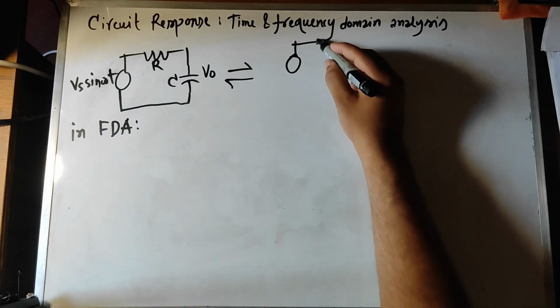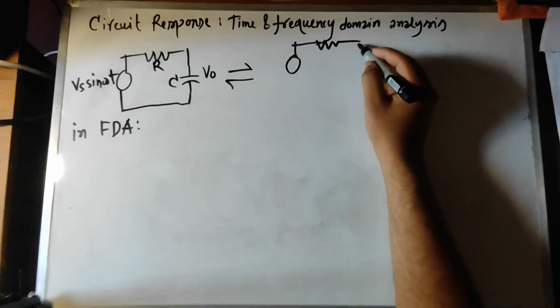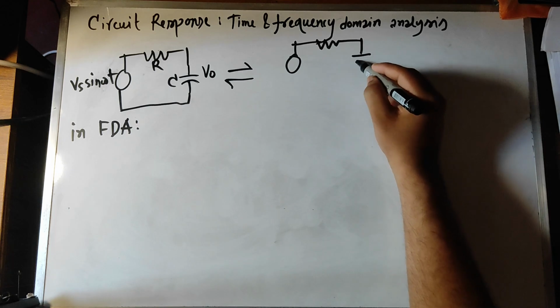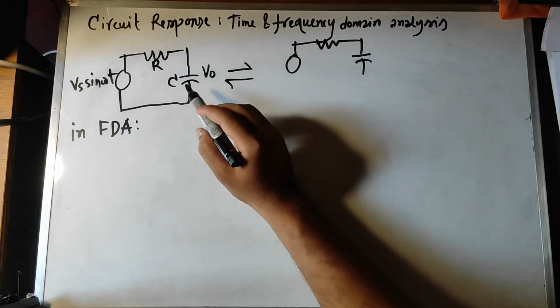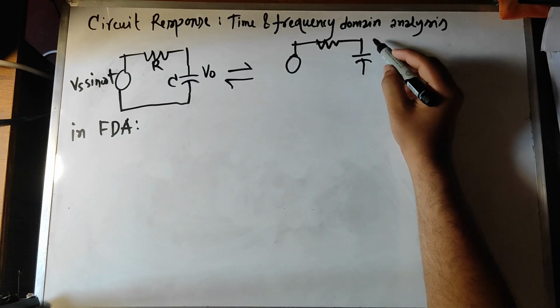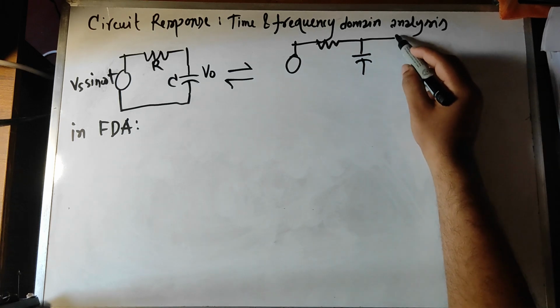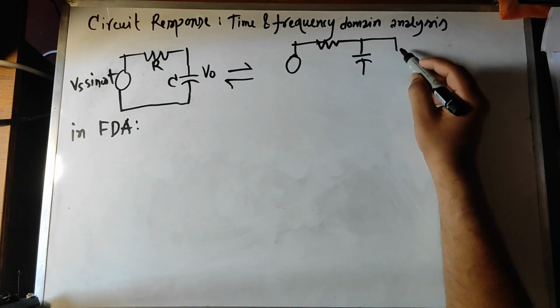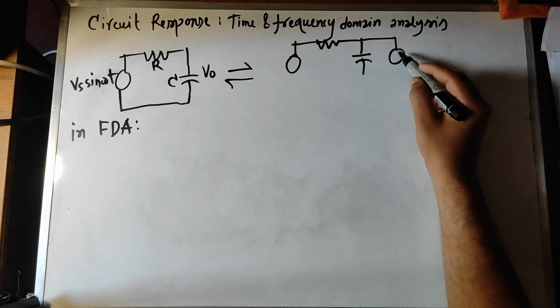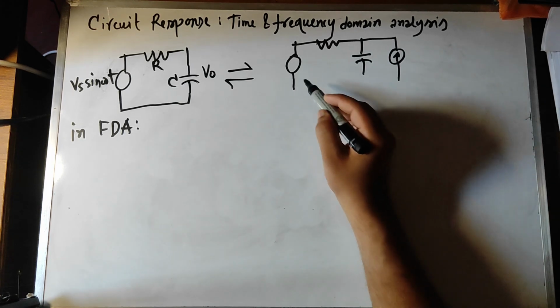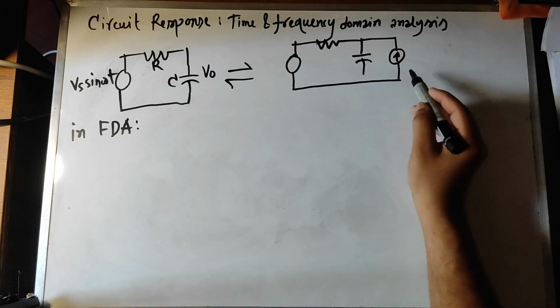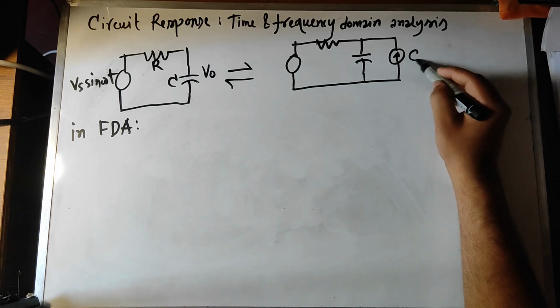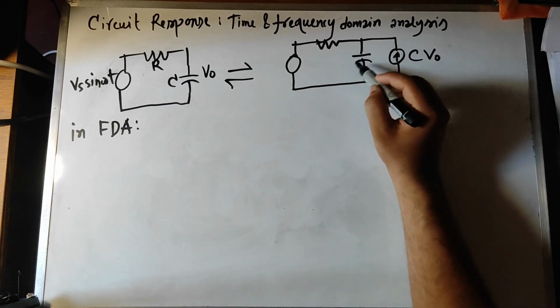R is frequency independent, so it will be unaffected, C will be converted, and for the initial voltage we will use the current source analogy to describe the initial voltage in frequency domain. So this is CVo.